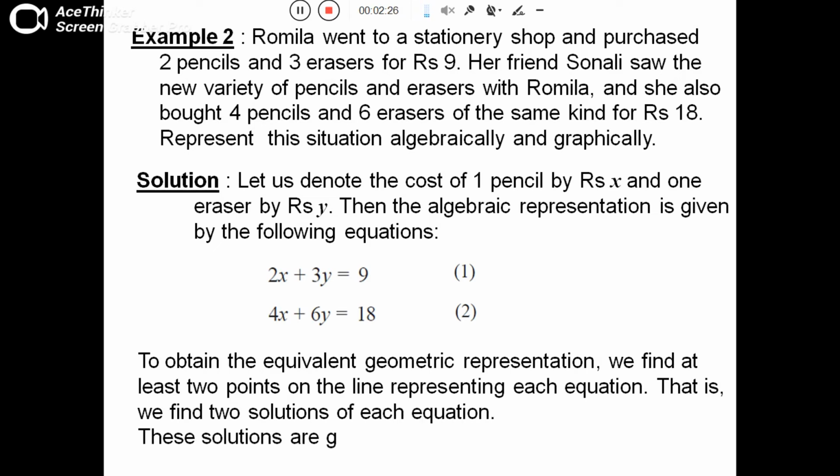These solutions are given below in the table. So students, to draw the graph of each of the equations, we have to find out 2 solutions for each equation separately. So for the first equation we have to find 2 solutions, and for the second equation we have to find 2 solutions. As you know, for drawing a line 2 points are necessary.